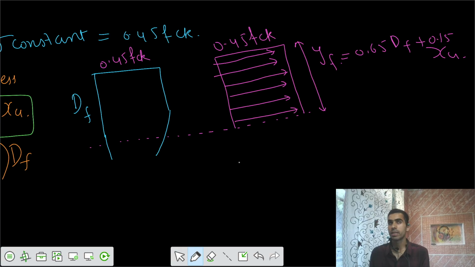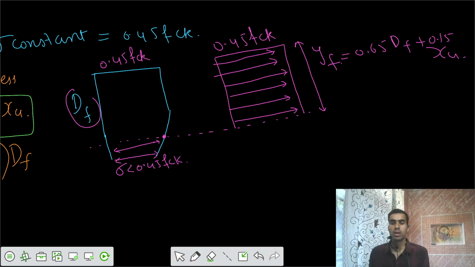Similar to the previous case of effective flange width, similarly we have effective flange depth thickness. So here we have some stress that is lesser than 0.45 FCK for the actual DF. Here we have one more stress that is also lesser than this part.